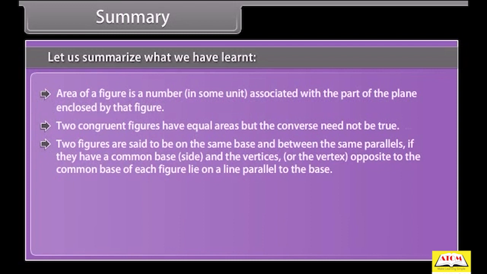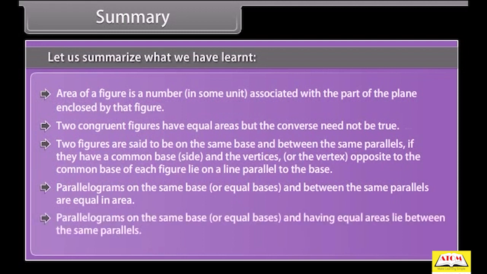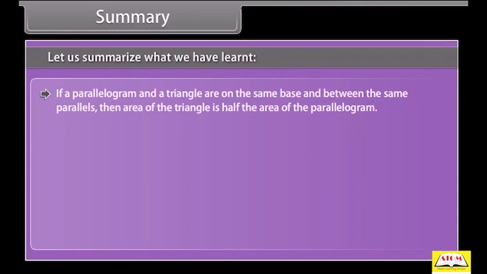Parallelograms on the same base or equal bases and between the same parallels are equal in area. Parallelograms on the same base or equal bases and having equal areas lie between the same parallels. If a parallelogram and a triangle are on the same base and between the same parallels, then area of the triangle is half the area of parallelogram.